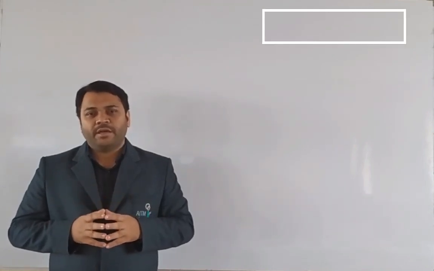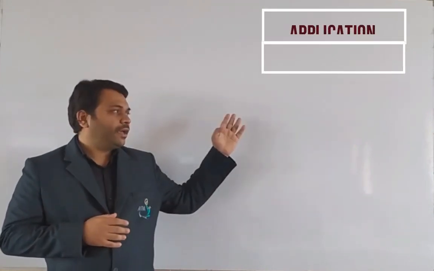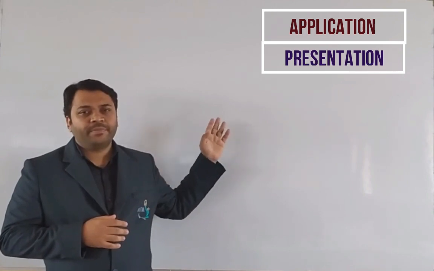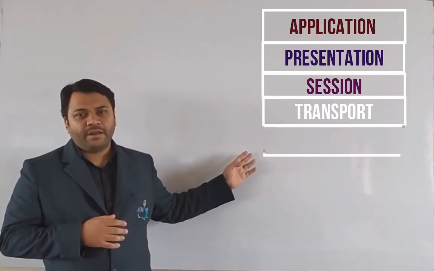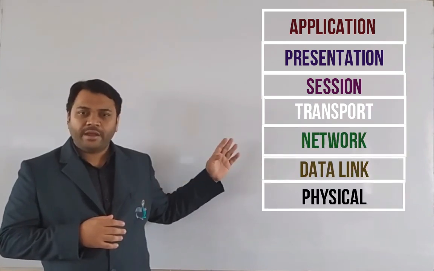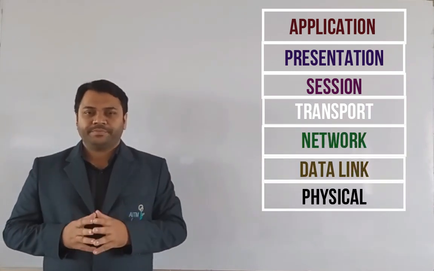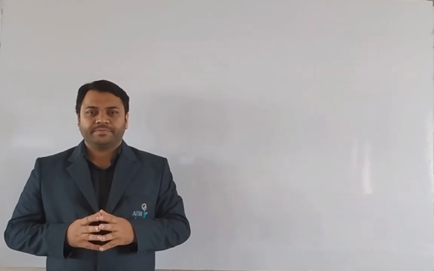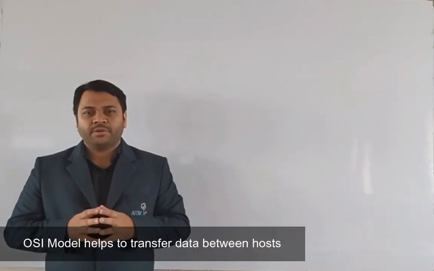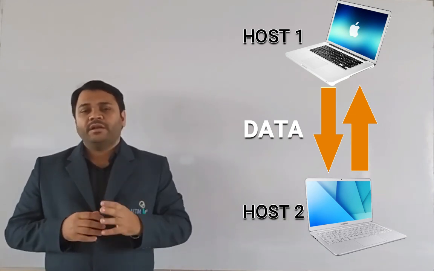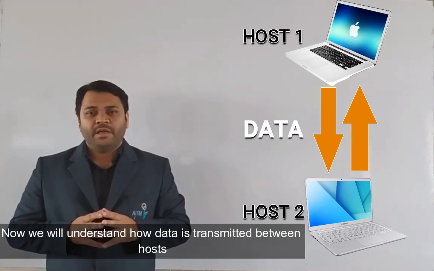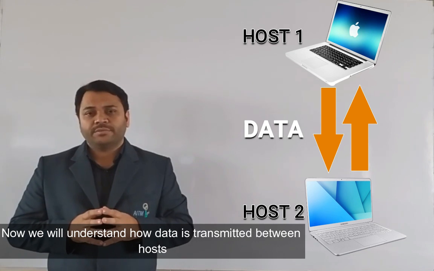The OSI reference model contains the application layer, presentation layer, session layer, transport layer, network layer, data link layer and physical layer. The OSI model helps to transfer data between hosts. Now we will understand how data is transmitted between hosts.